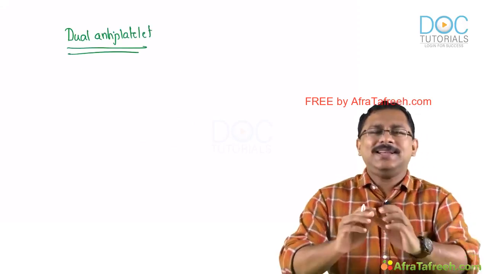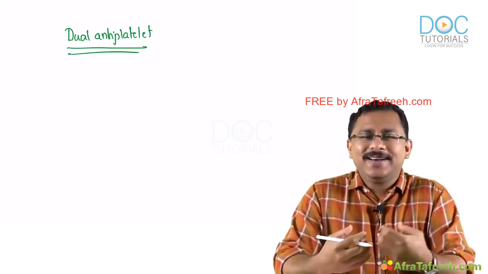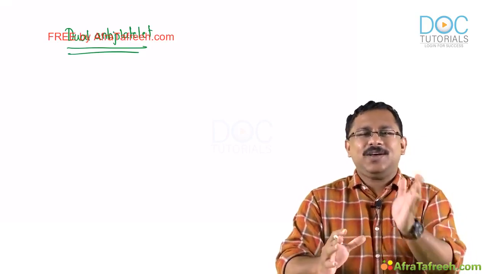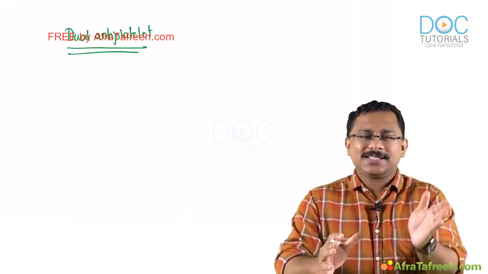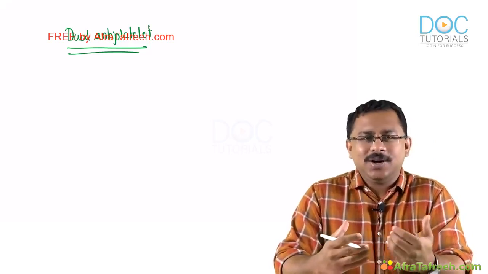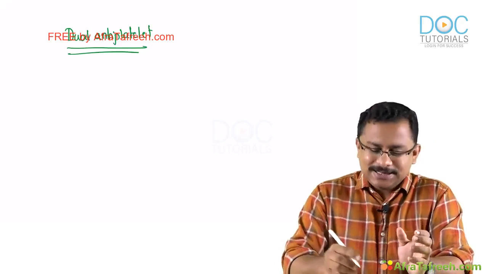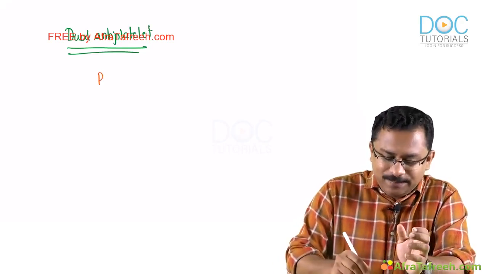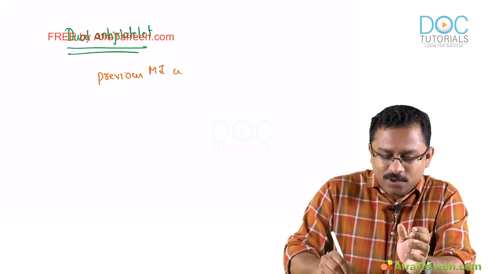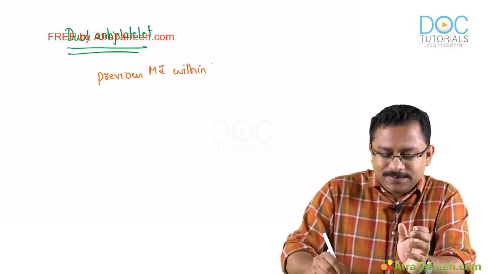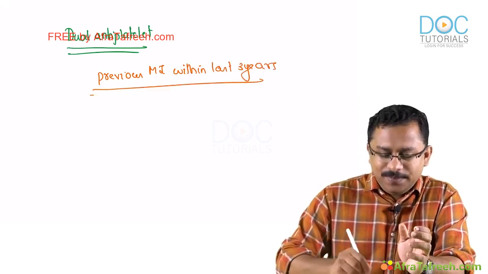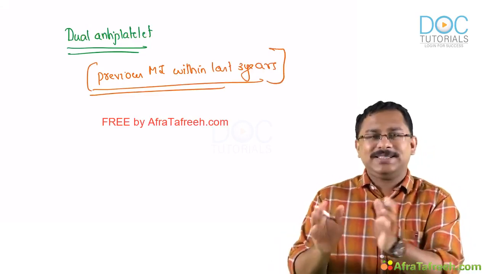Well, dual antiplatelets have risk of increased bleeding tendency. So in general, for chronic stable angina, when you take into account the risk versus benefit, routine dual antiplatelet therapy is not advised unless the patient has had a previous myocardial infarction within the last 3 years. Now this is what the European Society of Cardiology says.